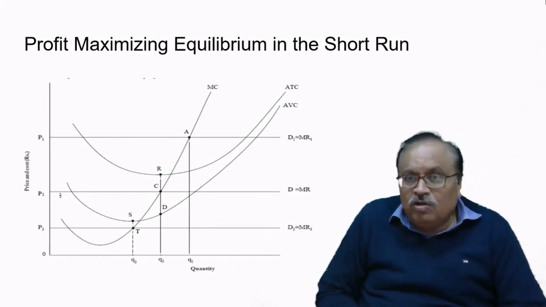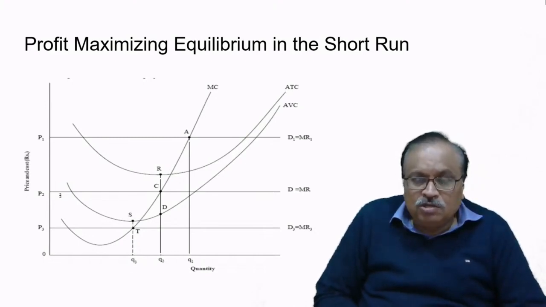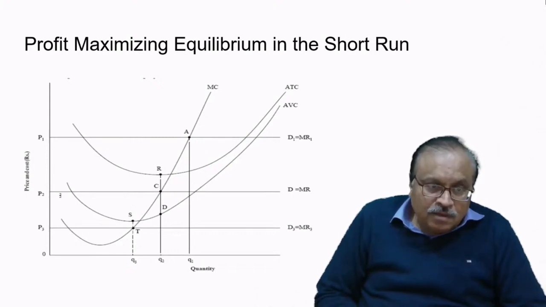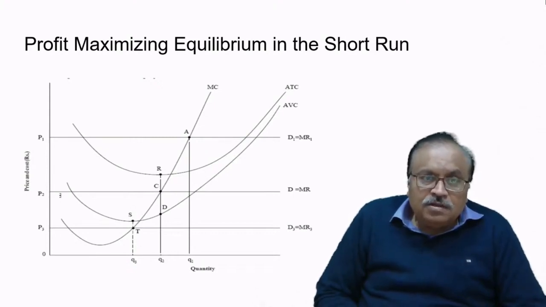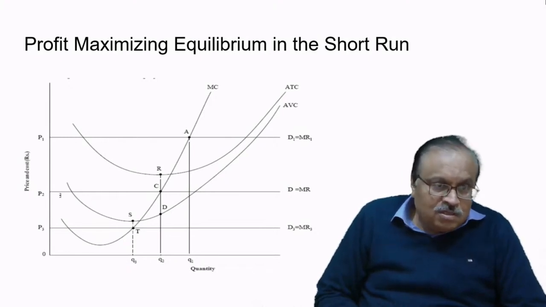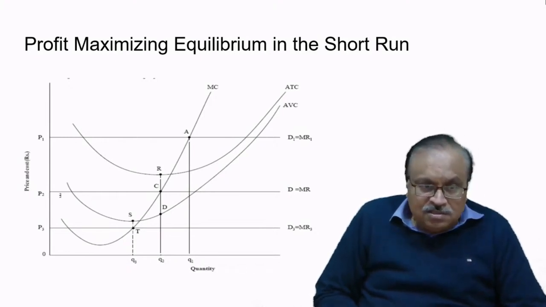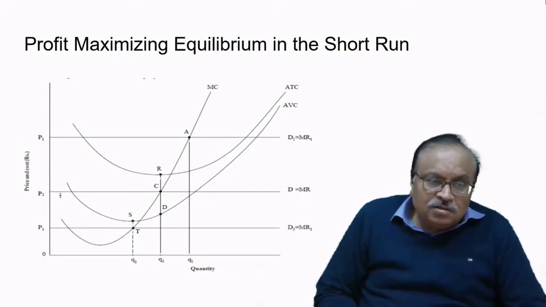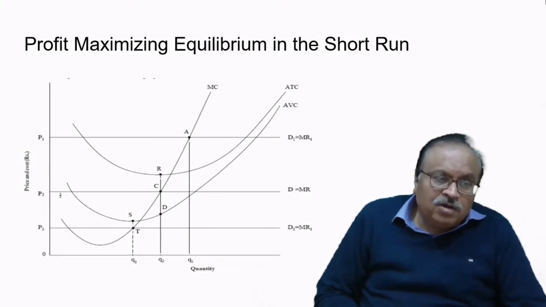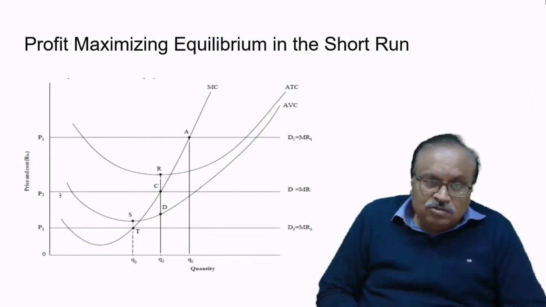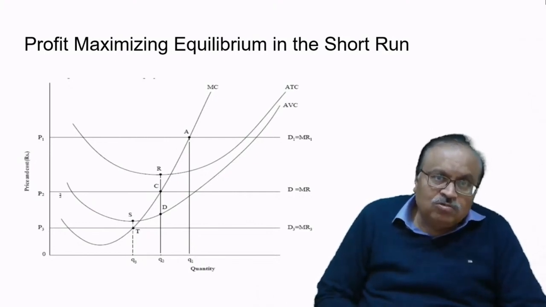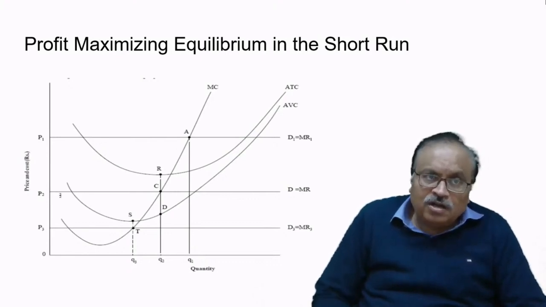So D1 is equal to MR1, D2 is equal to MR2, and so on, the marginal revenue curve. Then we have marginal cost, average total cost, average variable cost, and S is the supply. Q1, Q2, Q3 is quantity, P1, P2, P3 is price. So this is how the graph shows the profit maximization equilibrium in the short run.